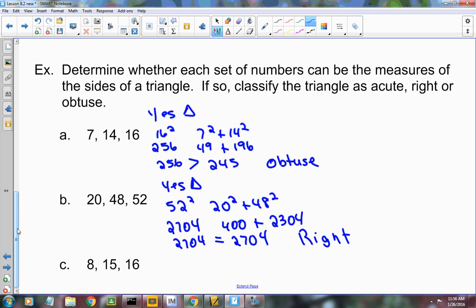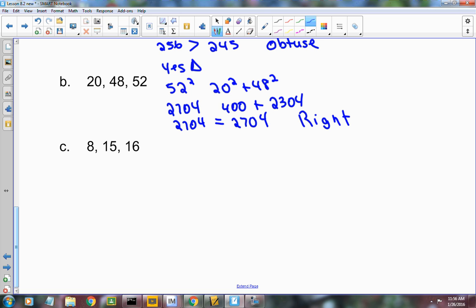All right, last one. First of all, is it a triangle? Yes, it is a triangle. And so we take the longest side, which is 16 squared, and compare it with the sum of the squares of the other two sides. 16 squared is 256, 8 squared is 64, and 15 squared is 225.